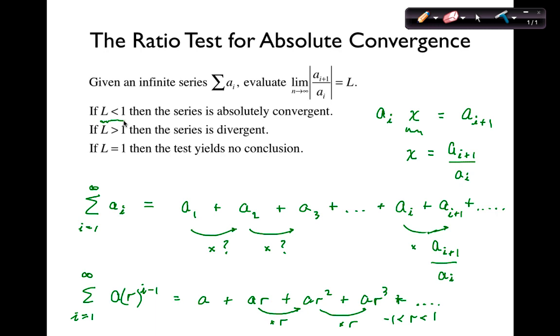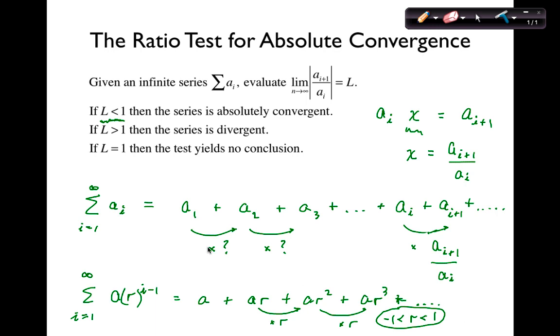What is that like? The geometric series, right? The geometric series converges when the multiplier is less than 1. The thing you multiply by to get the next term. If that's less than 1, if it's a fraction, then that geometric series converges.